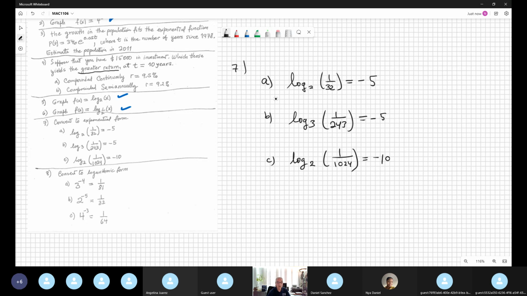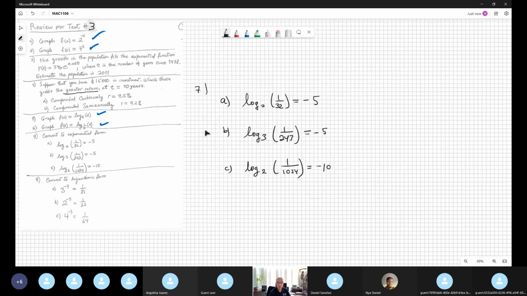What is the goal? The goal is conversion. So you put an arrow here. Conversion to exponential statement. It's a logarithm statement. Now I write here on the right the exponential statement. The analysis is super easy. You ask yourself, where's the base? In the first one, 2. What is the exponent?